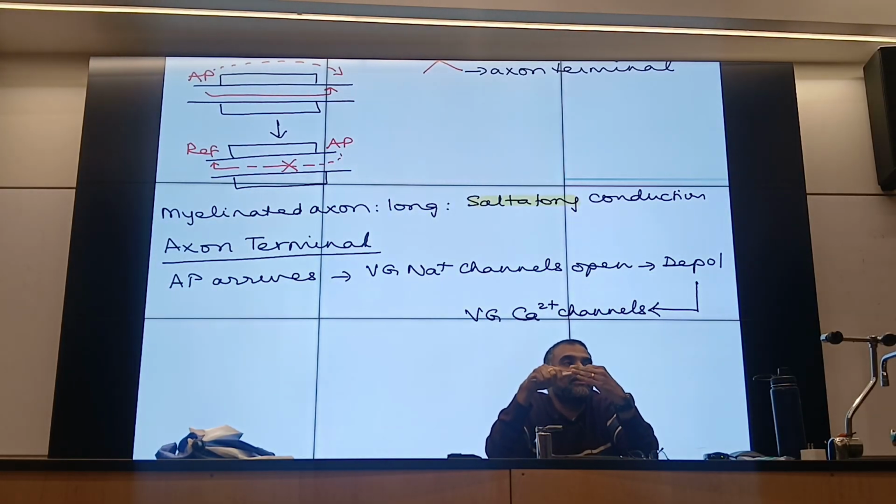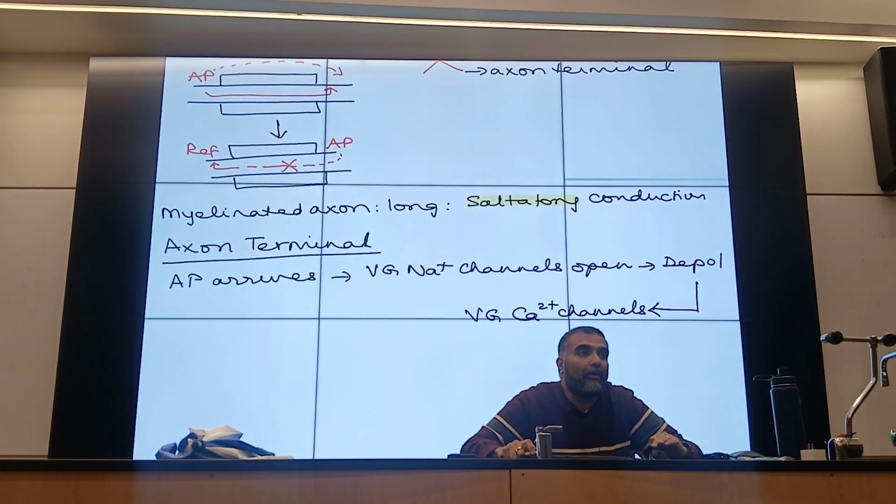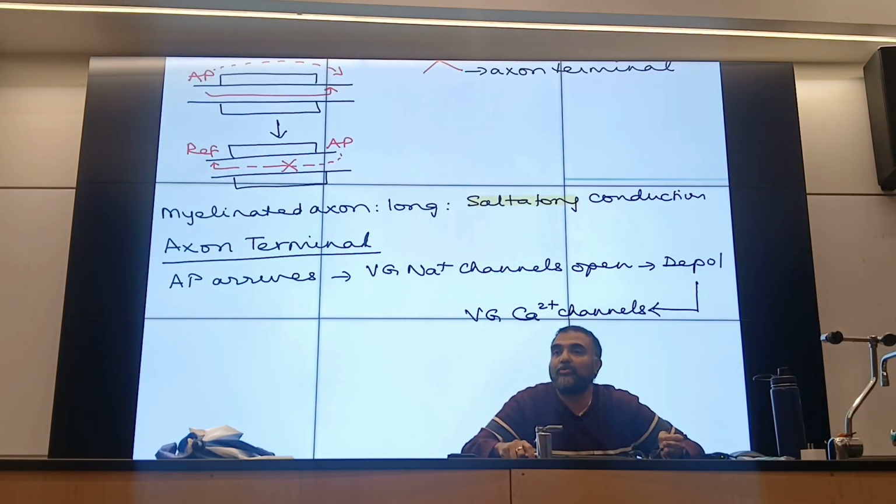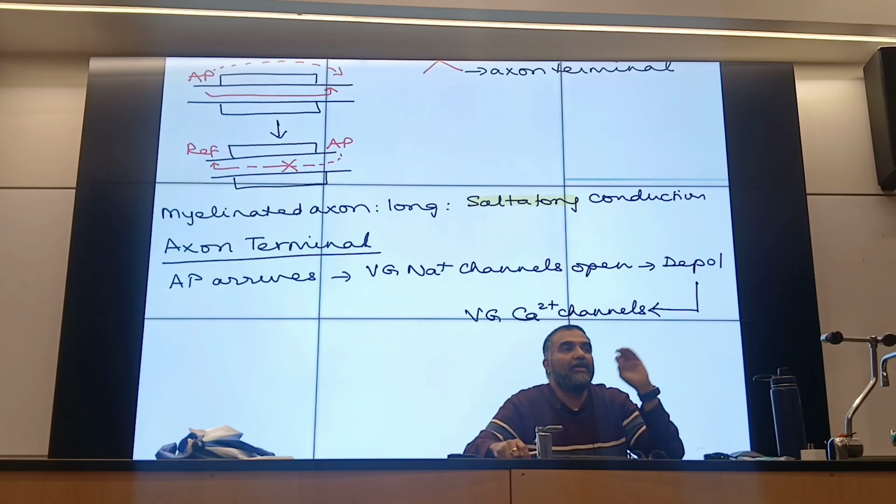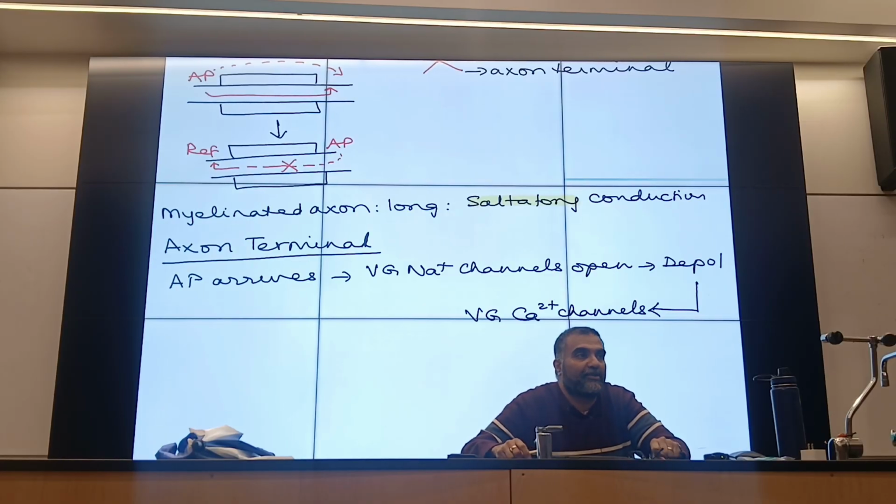Or calcium coming in will depolarize, right? Makes sense. Calcium is a 2+ ion. Of course you're going to depolarize, right? So these are all very important changes that happen when calcium comes in. It's a big deal. In neurons, when calcium comes in, you will release neurotransmitters by bulk transport.